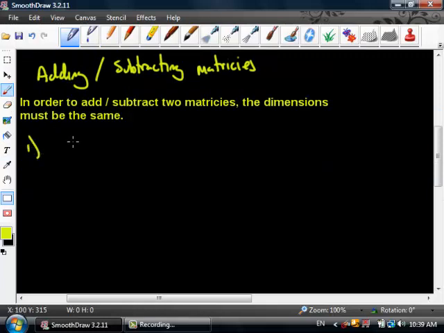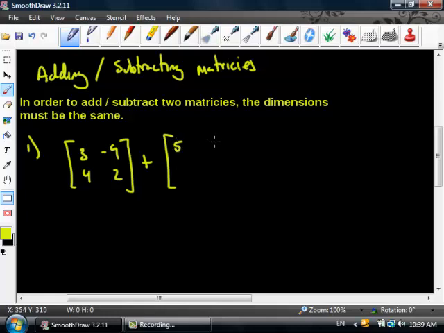Example 1. 3, negative 9, 4, 2, plus, say, 5, 7, 11, negative 1. Okay, we've got a 2 by 2 here, right? We've got a 2 by 2 here, which means we can add them. They are identical.